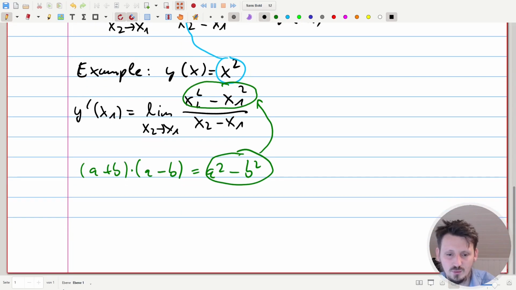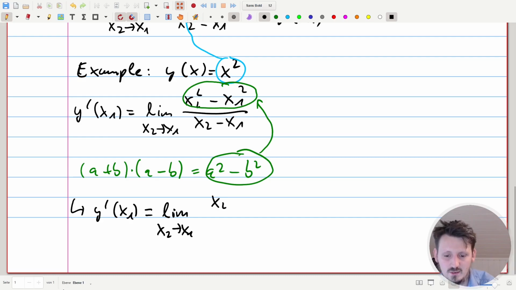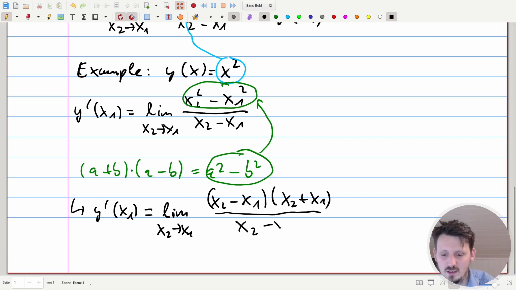So what we get at the end is y prime, the derivative of y with respect to x at the position x1, equal to the limit x2 tends to x1, and then we can write here x2 minus x1 times x2 plus x1, simply the left side here, divided by x2 minus x1.